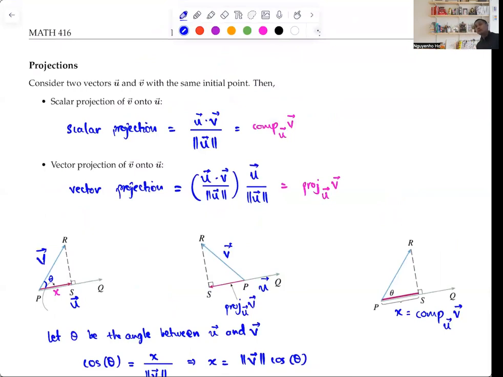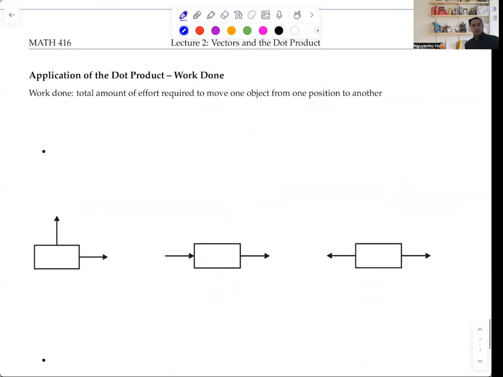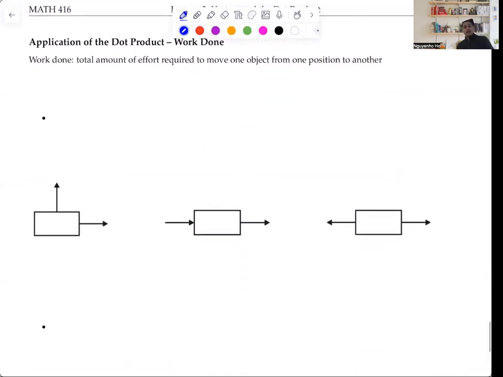We good? All right, so I'm going to move on to another application of the dot product, which is work done. By definition, the work done is the total amount of effort required to move one object from one position to another position.